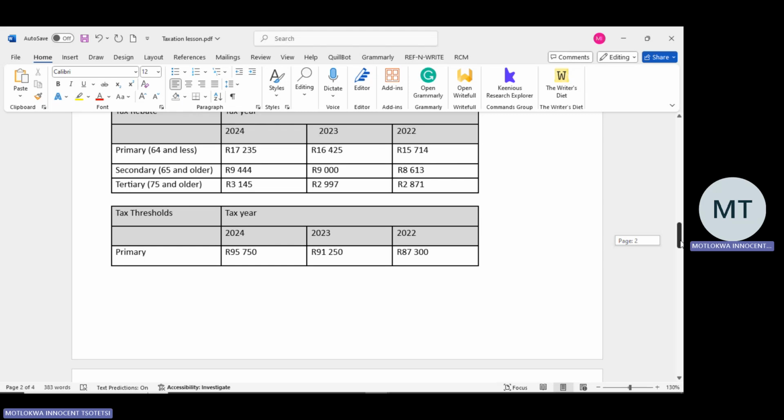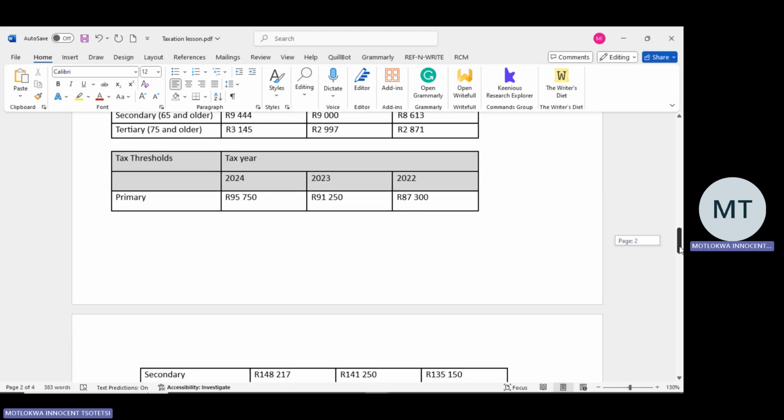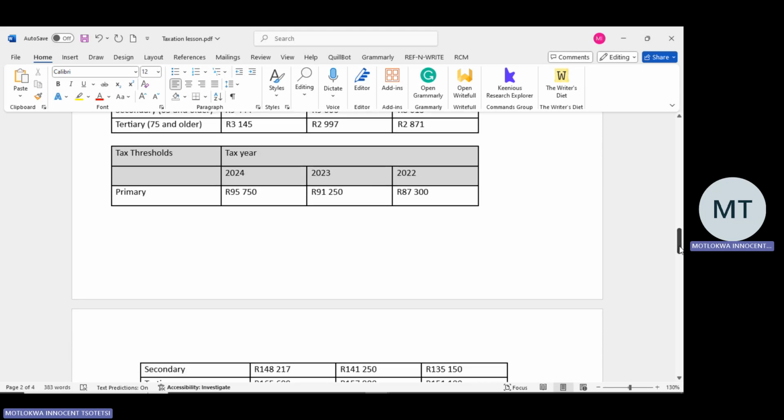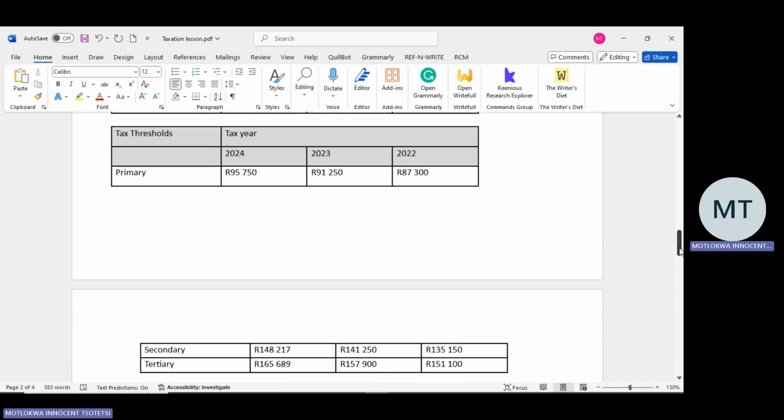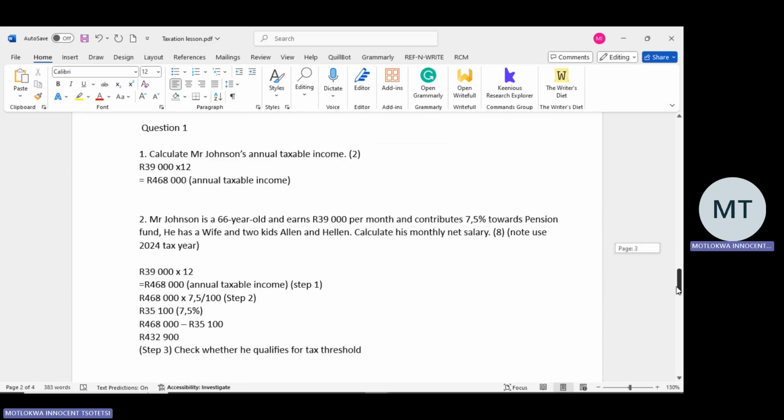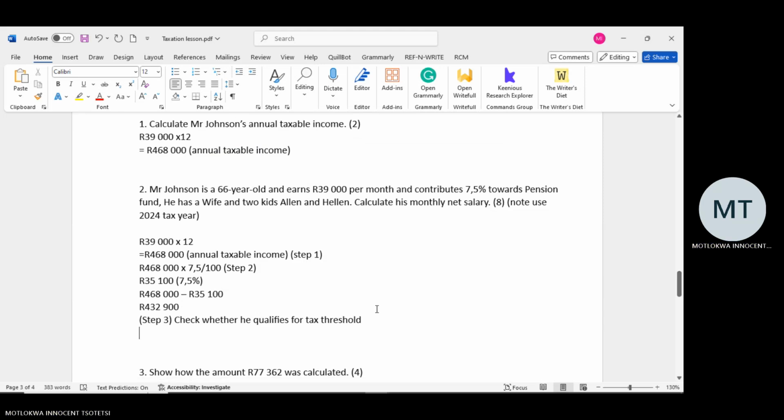Under primary we have 95,750, so Mr. Johnson qualifies for primary. Then secondary we have 148,217, which means again Mr. Johnson qualifies for secondary.